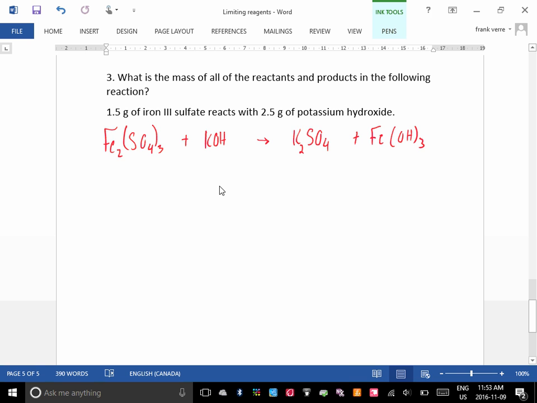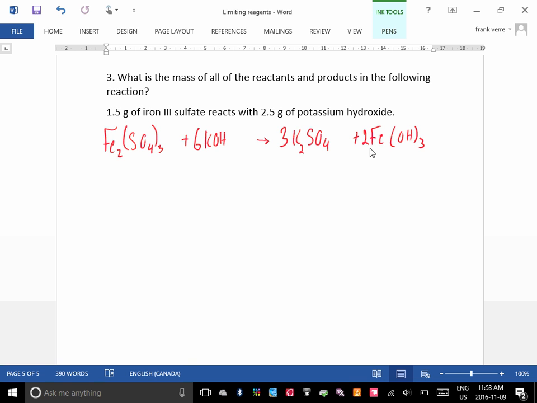This is one we actually did before. From what I remember, you need 6 of these, and 3 of those, and 2 of those. And I think it's balanced. Yeah, it's balanced.